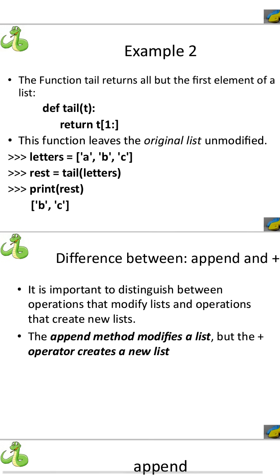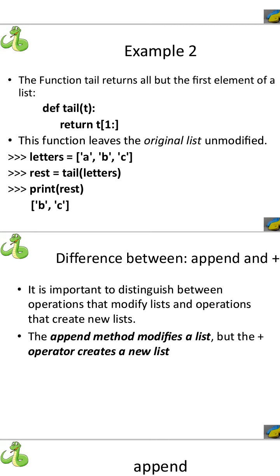The next example shows how we can do it. If you observe my own defined function tail, it returns the elements extracted from the list.